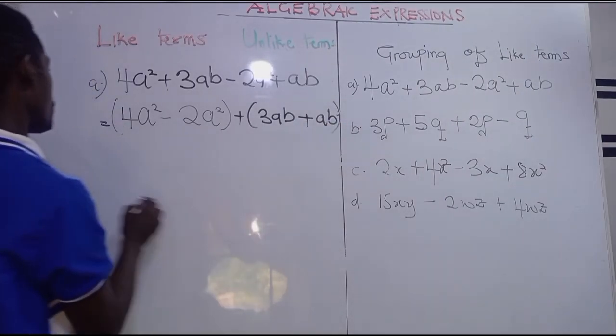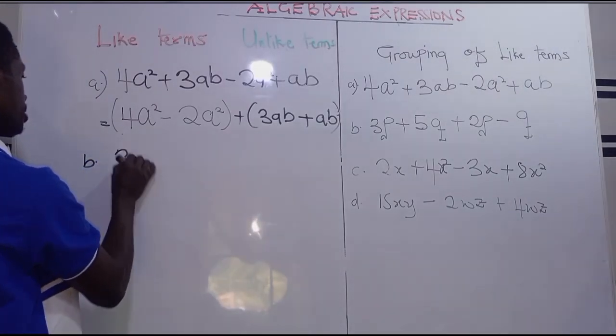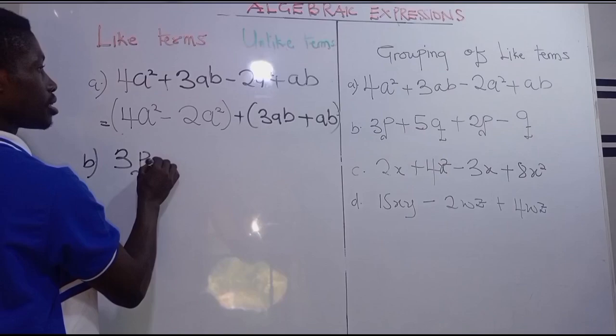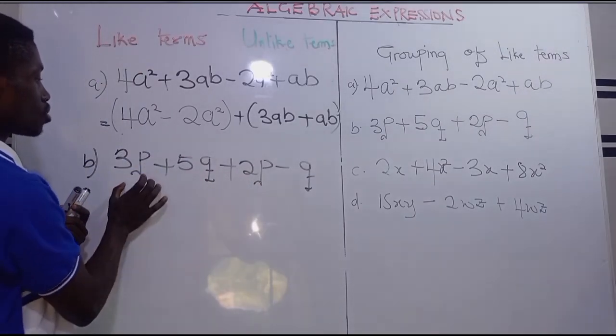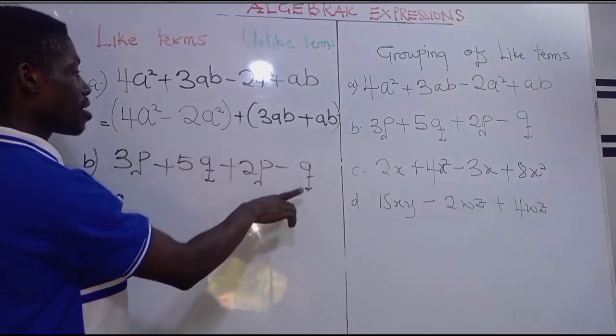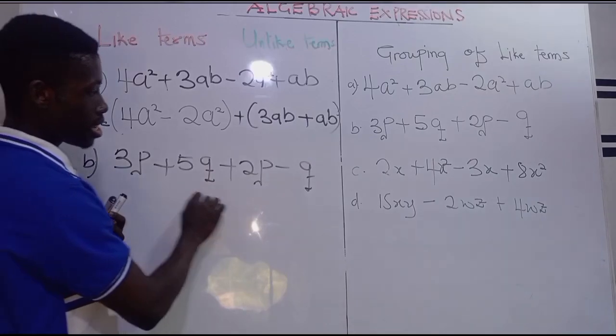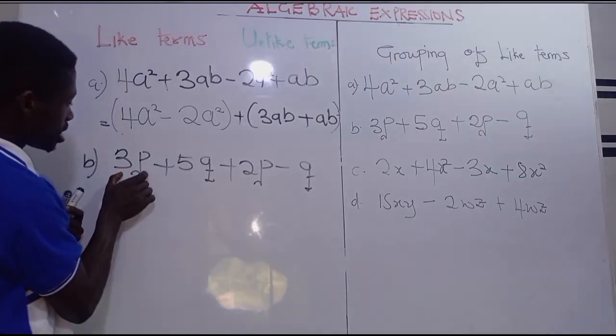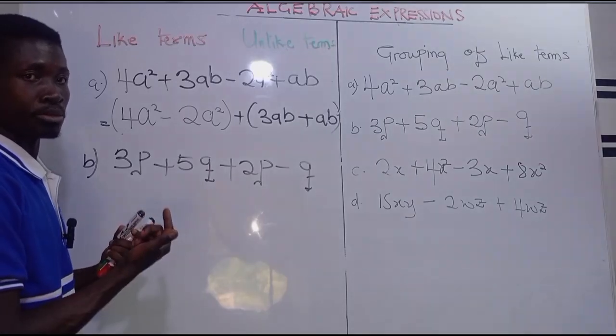Let's look at the next example. We have 3p. So let's look through these terms and see those having the same variable factors. So we have p here and then we have another p here. So these 3p and 2p are called like terms. Therefore, we can group them together.